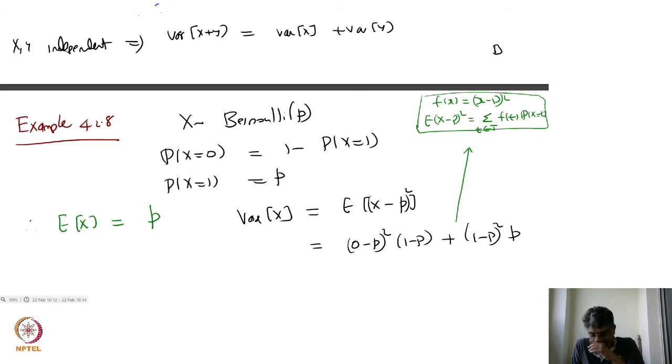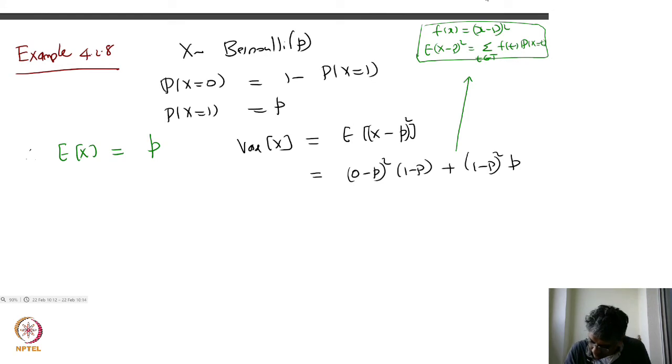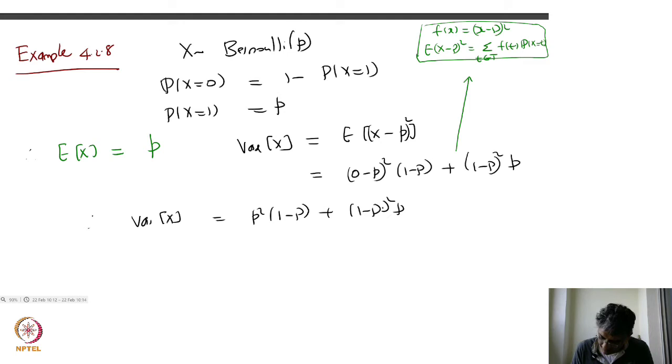Very nice. So what's that going to be? Therefore the variance of X is just p squared times (1 minus p) plus (1 minus p) the whole squared times p, right? You can just work the algebra out.